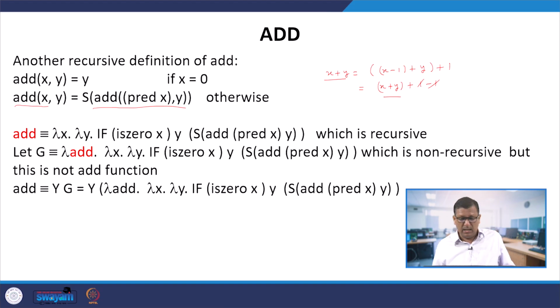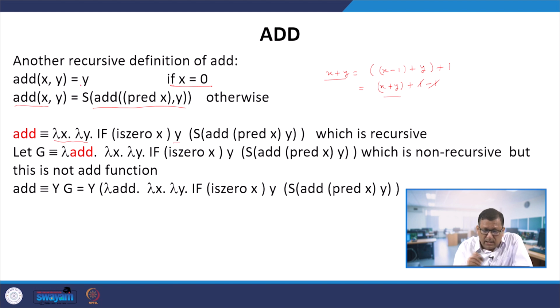So now our idea is to write a lambda encoding. Recursion is not provided directly in lambda calculus, we have done this for factorial. Now we are going to do the same thing for add. So our strategy will be the same. We will first write add in this way. There are two parameters x and y. So we write lambda x, lambda y. So we are testing this part. If x is 0, then we are returning y.